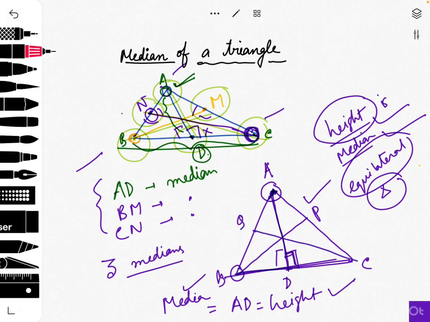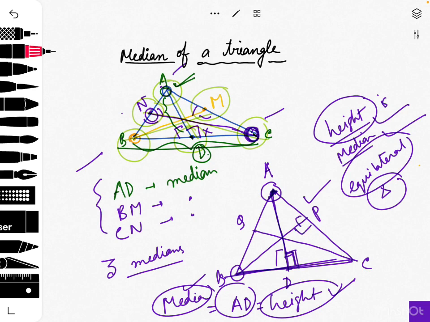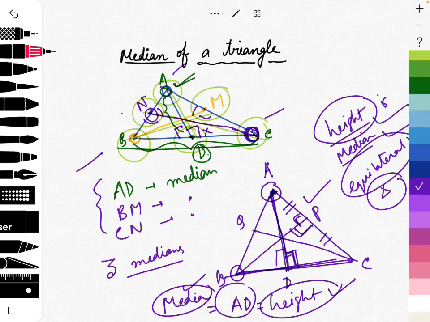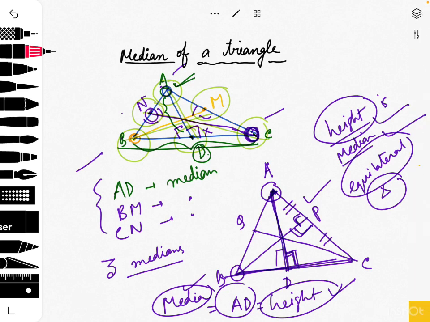Similarly, CQ will also be the median as well as the height of this equilateral triangle ABC, because they are forming 90-degree angles, as well as intersecting these lines into two equal parts. This height AD is also intersecting the line BC into two equal parts.